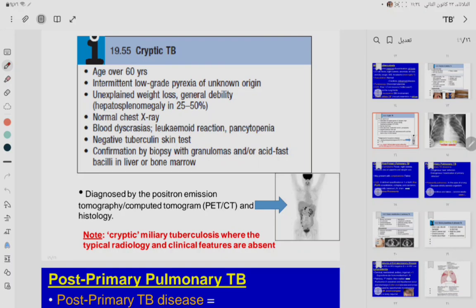Patients who present with fever of unknown origin, where we don't know what's wrong, with a negative tuberculin test, we should consider it if we rule out many on the list, like brucella, Malta fever, EBV, and a lot of other things. You should think about it when you think about fever of unknown origin.